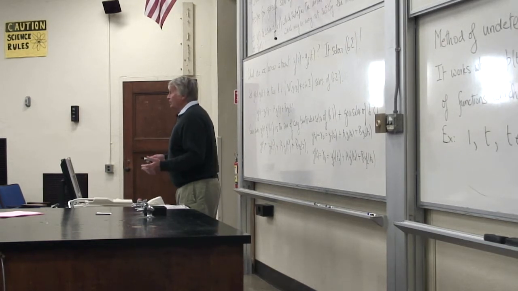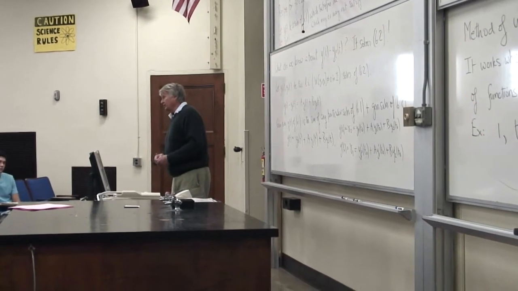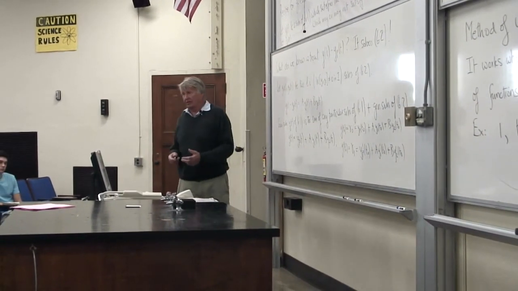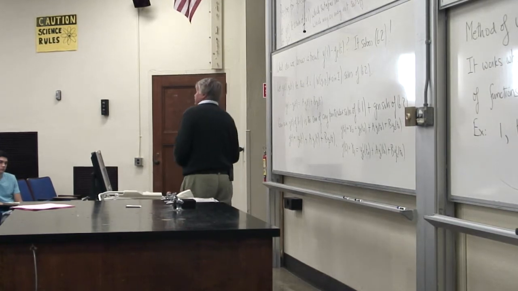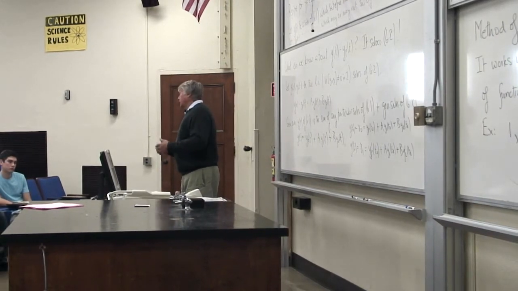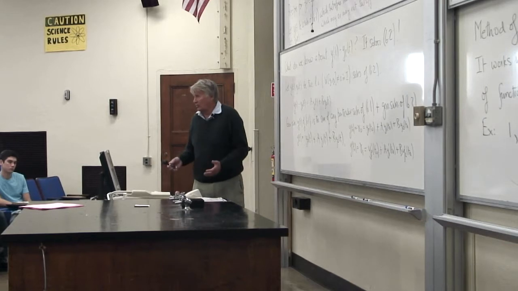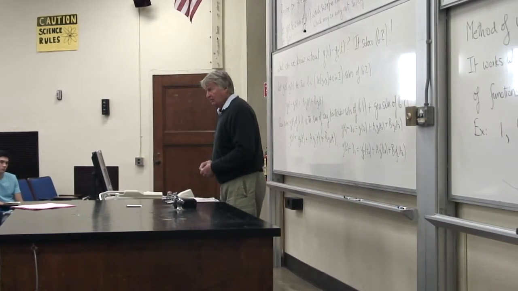It's the more general method for finding solutions for not only second order equations, but actually nth order linear ODEs. And if one can find solutions to the homogeneous problem, in fact, in principle, there's a formula that you can write down for the solution to the inhomogeneous problem.